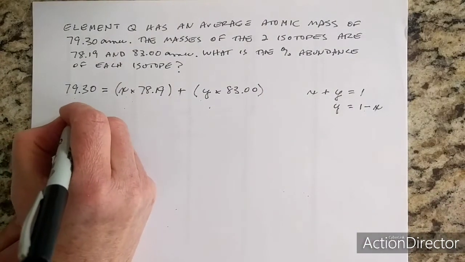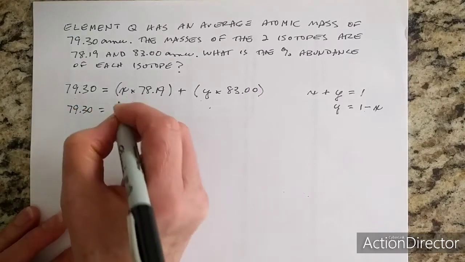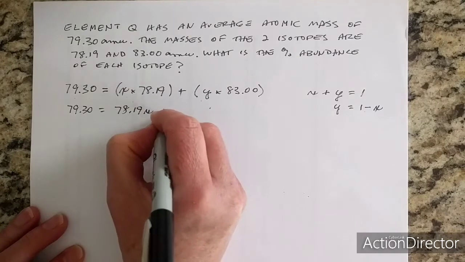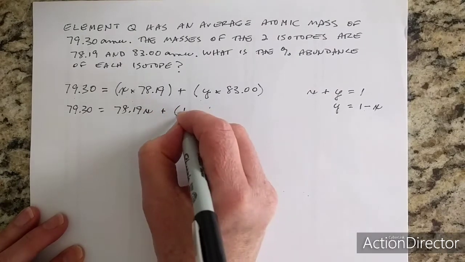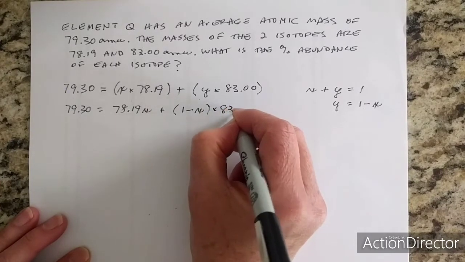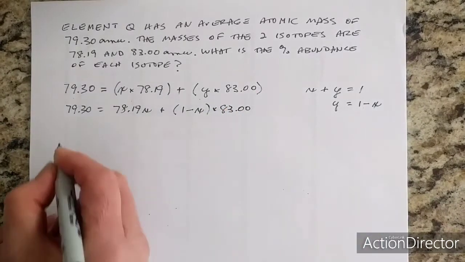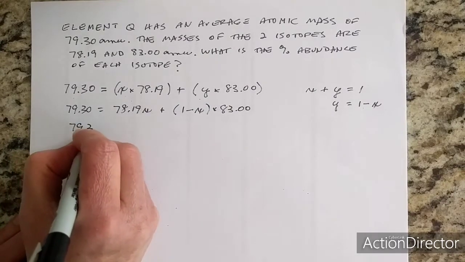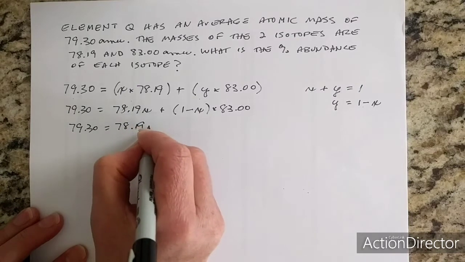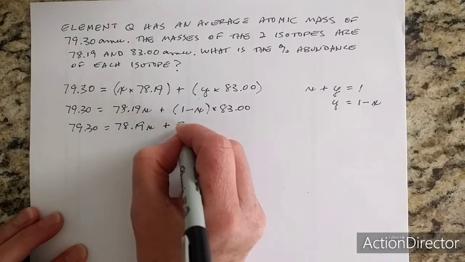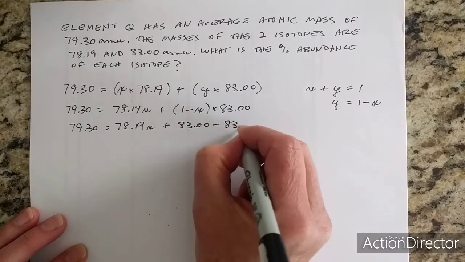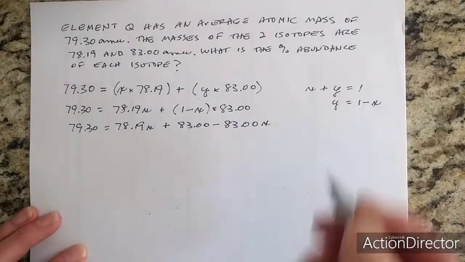So now we can use that to substitute for Y to solve our equation. So that means that 79.30 equals 78.19X plus (1 minus X) times 83.00. So 79.30 equals 78.19X plus 83.00 minus 83.00X.